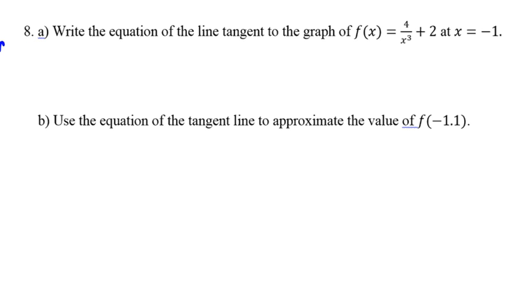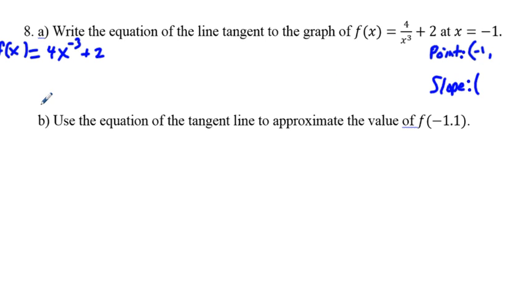We'll write f of x is equal to 4x to the -3 power plus 2. And organizing wise, we need to have a point. We'd like to get that point first. Our x value is going to be -1. We need to find our y value, and we need to find our slope.